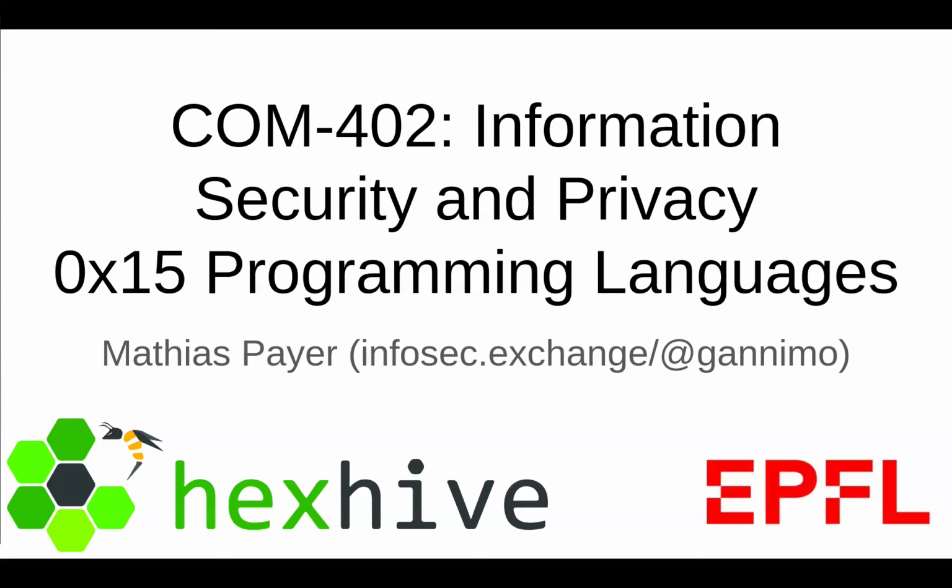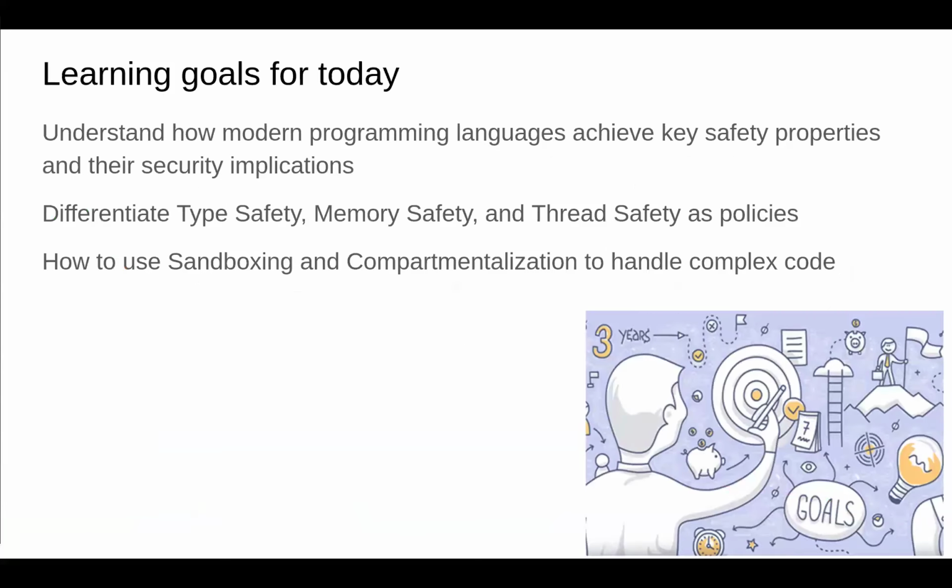Programming languages. Learning goals for today. We're going to cover different sets of programming languages, as I mentioned. You don't need to be expert in all of these programming languages. We don't expect you to become experts in any of these programming languages. But what you should get is a feeling or an understanding of the safety guards that different languages provide and the trade-offs they offer.